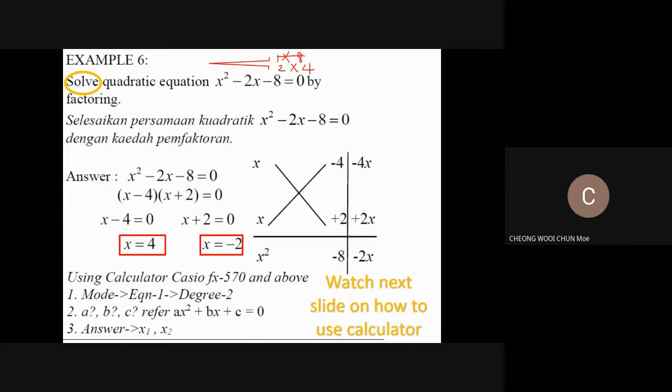So 2 and 4 I can use. Either 4, 2 or 2, 4, so can. X power 2 means x times x. So it's either 2, 4 or 4, 2. So if I put, here is negative. It means one must be positive and one must be negative.